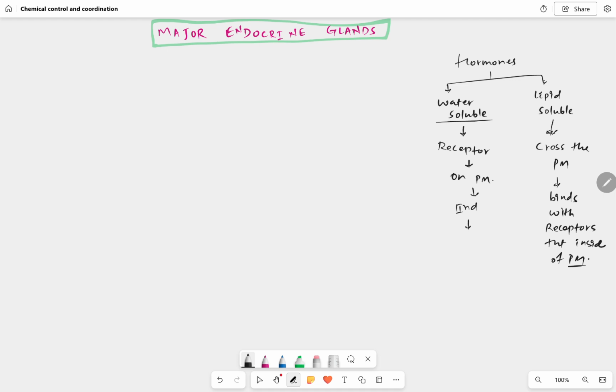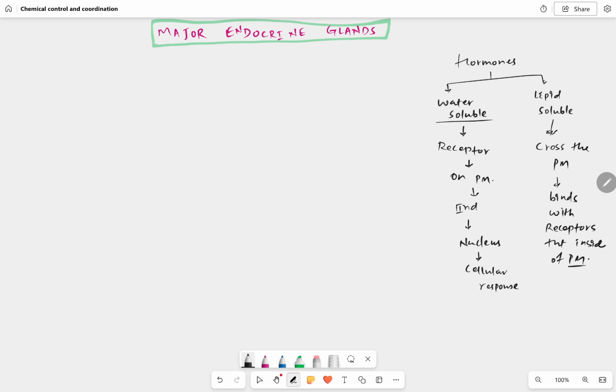They will activate another factor for binding with the DNA, and according to that signal the cellular response takes place. So this is the overall brief about the hormonal action.